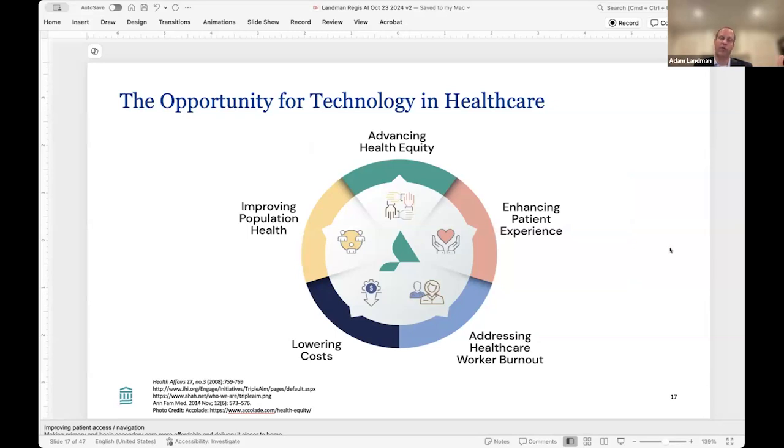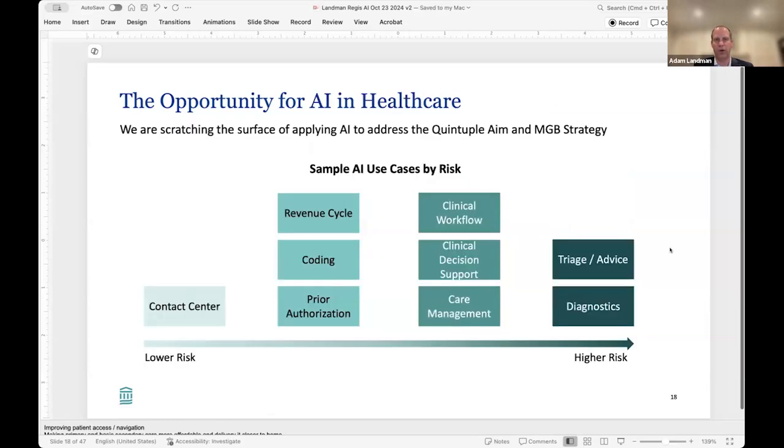We want to make sure whatever we're delivering is equitably available to all patients. And ideally, we want to make sure that we're addressing healthcare worker burnout and creating a great experience for our healthcare workers. So I think that there is a very large opportunity for AI in healthcare, spanning lots of different use cases, and that we are just scratching the surface.